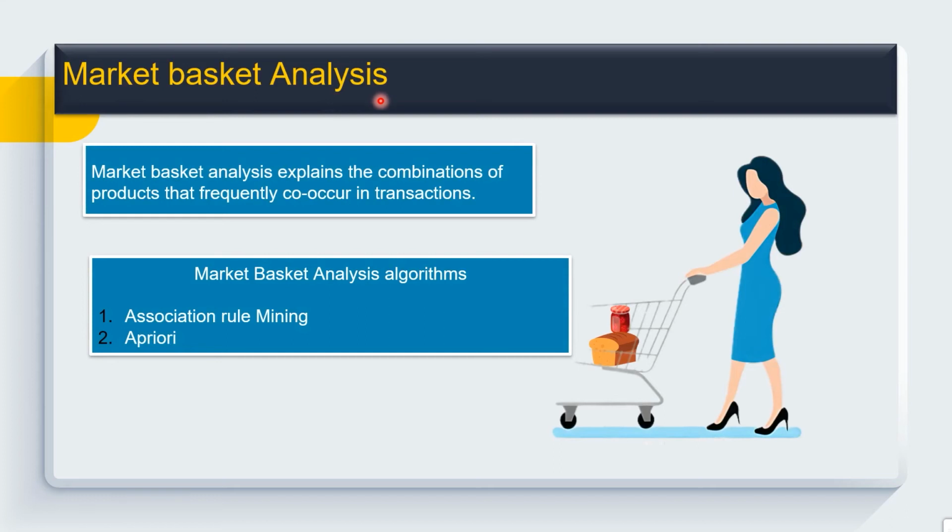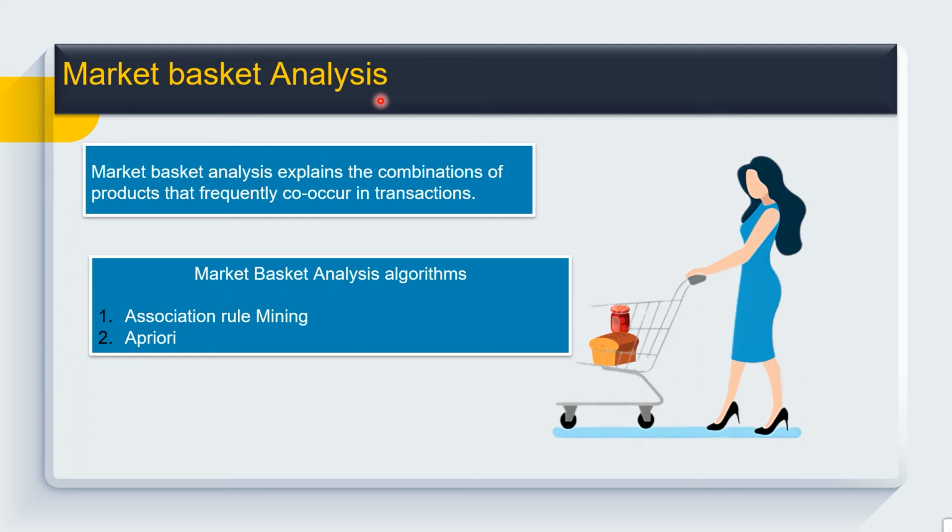It is one of the key techniques used by large retailers to uncover associations between items. It works by looking for combinations of items that occur together frequently in transactions. To put it in another way, it allows retailers to identify the relationship between the items that people buy. For example, people who buy bread also tend to buy butter.